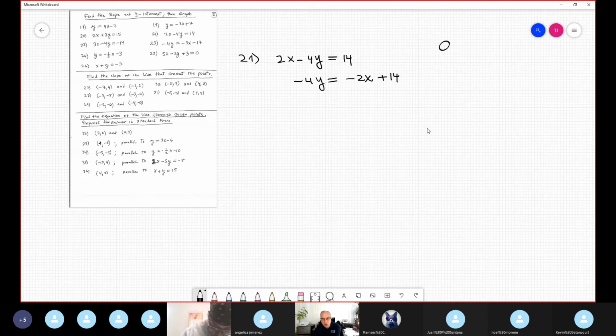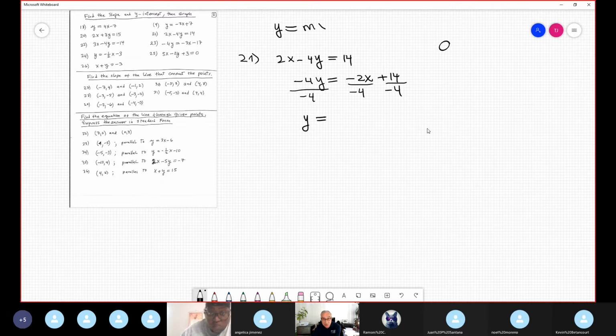What I did was move 2x to the right-hand side, and negative 4y stays on the left-hand side, and 14 stays on the right-hand side. Finally, divide by negative 4 because I want to solve for y.